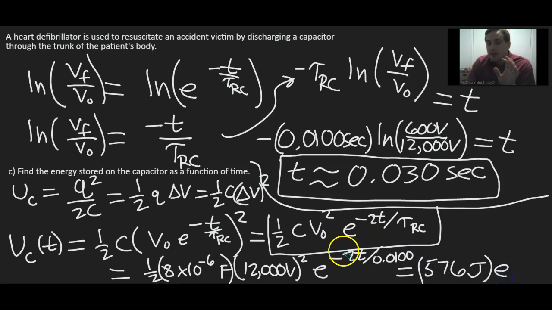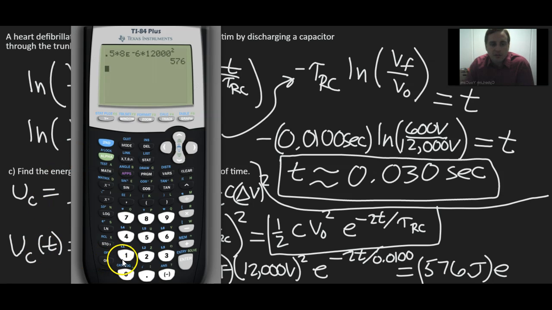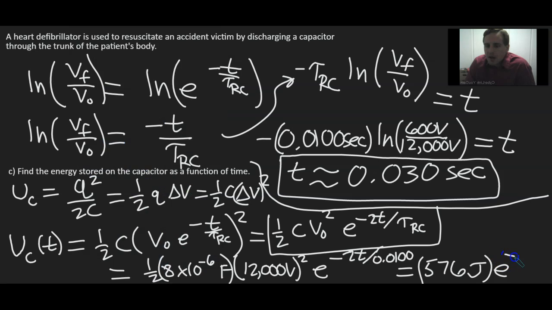And then e to the, now let's see what 2 over 0.01 gives us. In fact, it's going to be negative 2 divided by 0.01. So it's negative 200. Okay, so let's write that down. And this is e to the negative 200t.